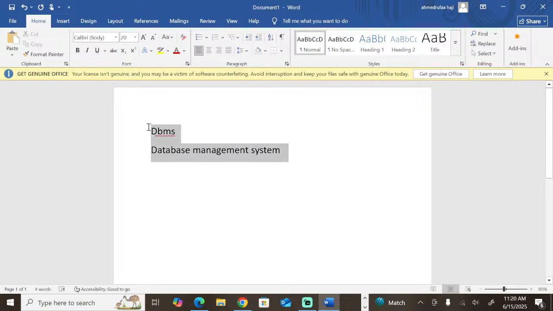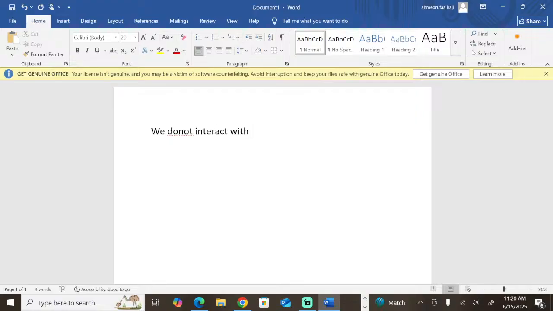So the thing is, why do we need DBMS? We do not interact with the database directly. Let me explain properly, please give me time. We do not interact with the database directly when we are updating, deleting, or even inserting.